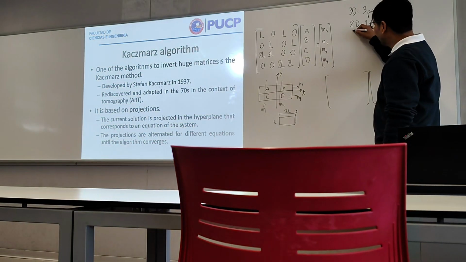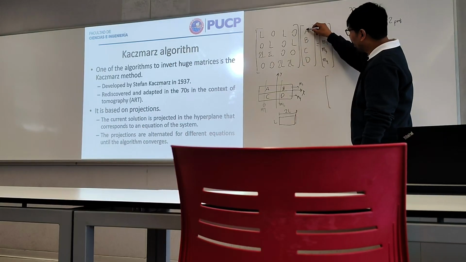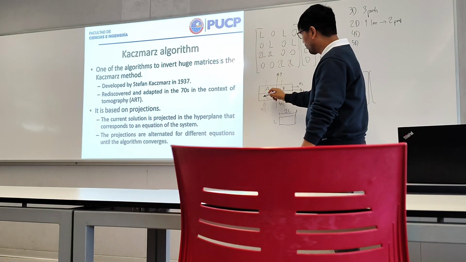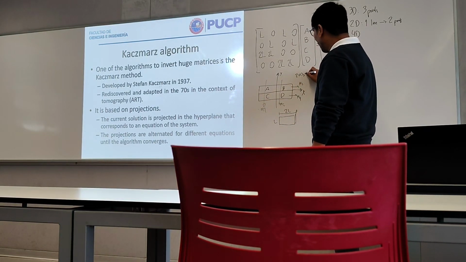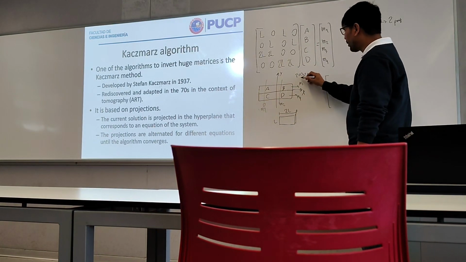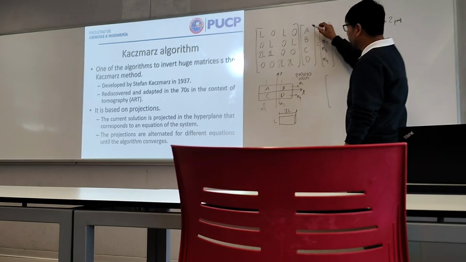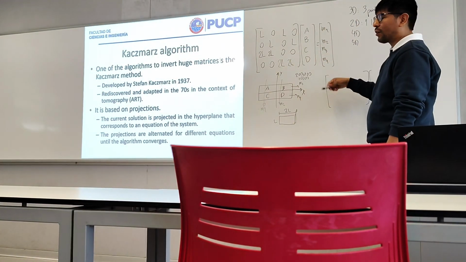But in 4D or 5D, the dimension will be given by how many unknowns we have. Imagine we have more pixels, 200 times 200 pixels, for example. We have around 40,000 pixels, so we have 40,000 of these A, B, C, D, and more variables.